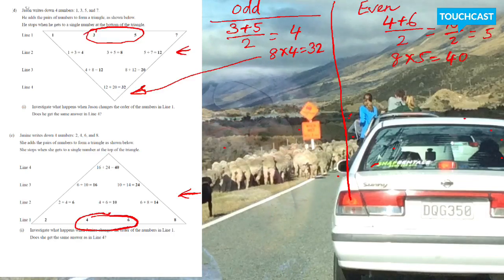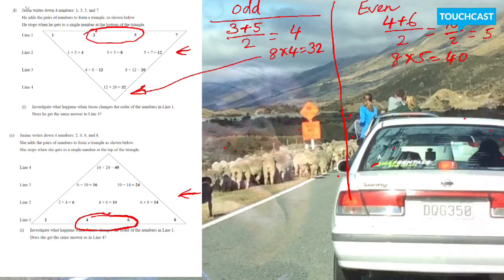So one of the statements the students can write, and it may not be the same as the NZQA answer, but one of the findings the student can always say is the median of the numbers times 8 gives you the final number.